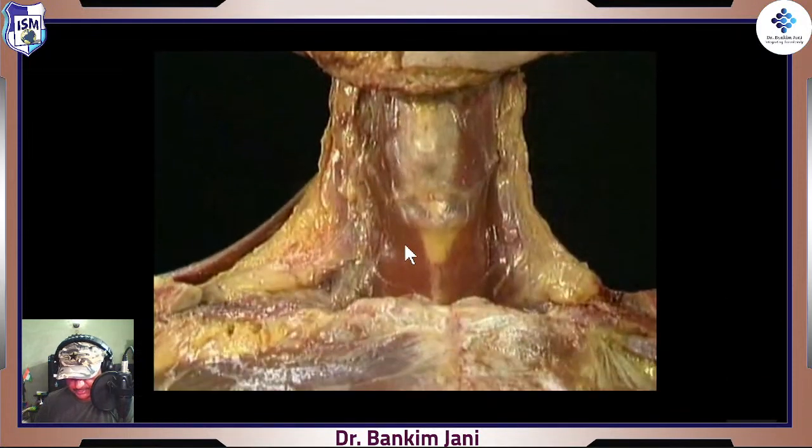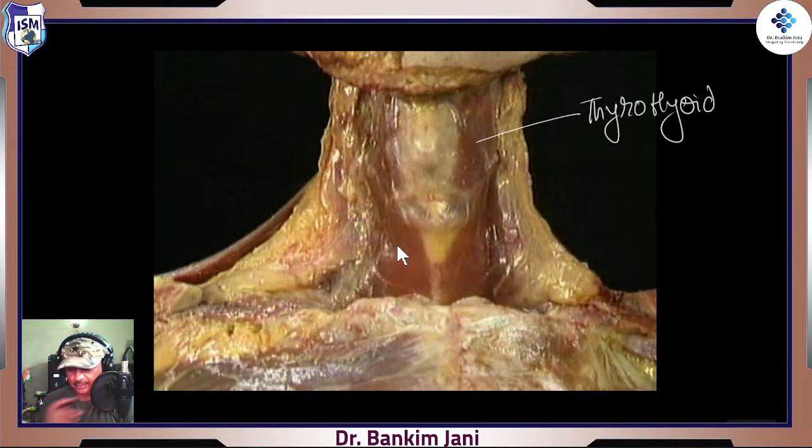Now to this we add one more muscle. This one is thyrohyoid. So that's where the hyoid is there, that's where the thyroid is there, and this is the thyrohyoid. And then from thyroid, it goes down, and this one is sternothyroid.